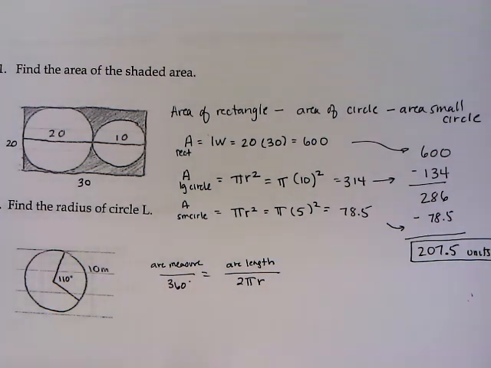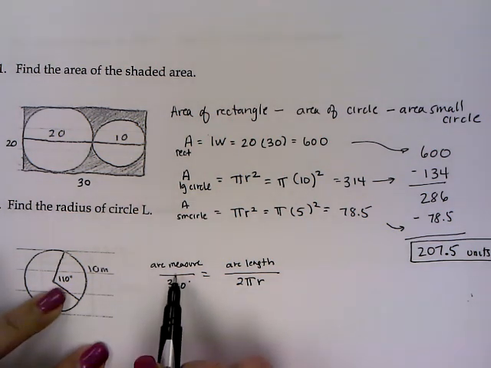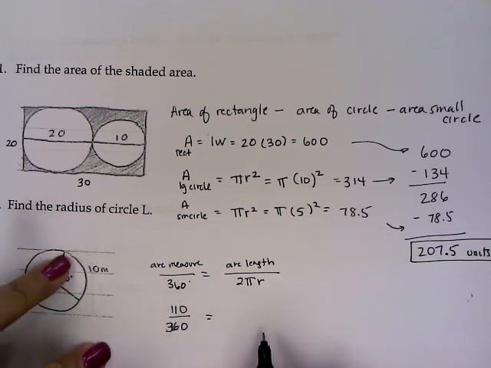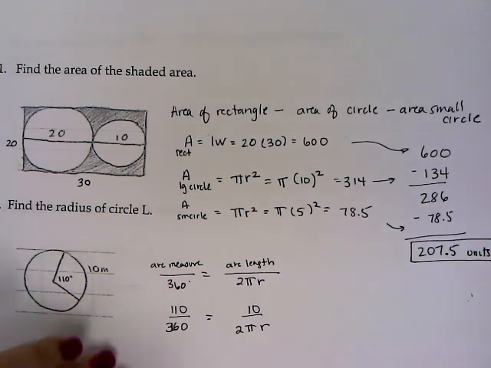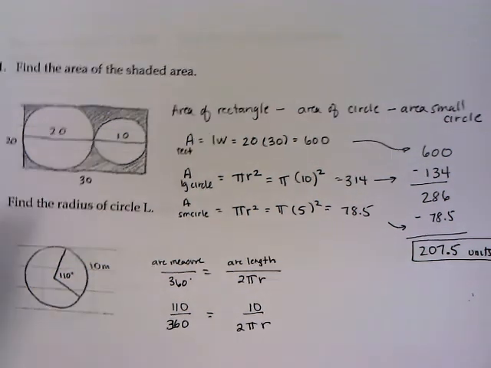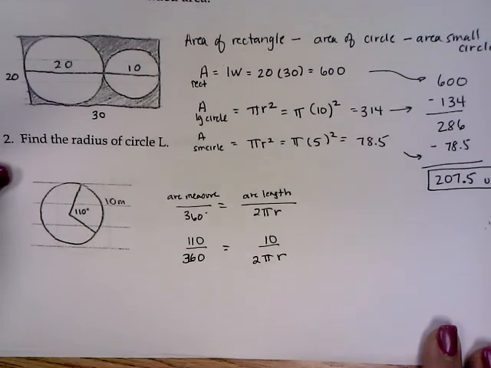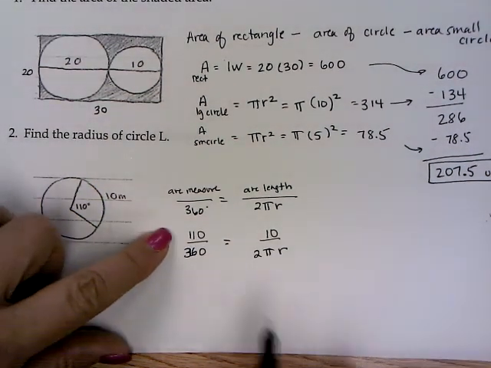When I use this proportion, I know that my arc measure is the same as my central angle. My arc length is given as 10, and now I'm trying to find r. Since it is a proportion, I just need to cross multiply and then divide.